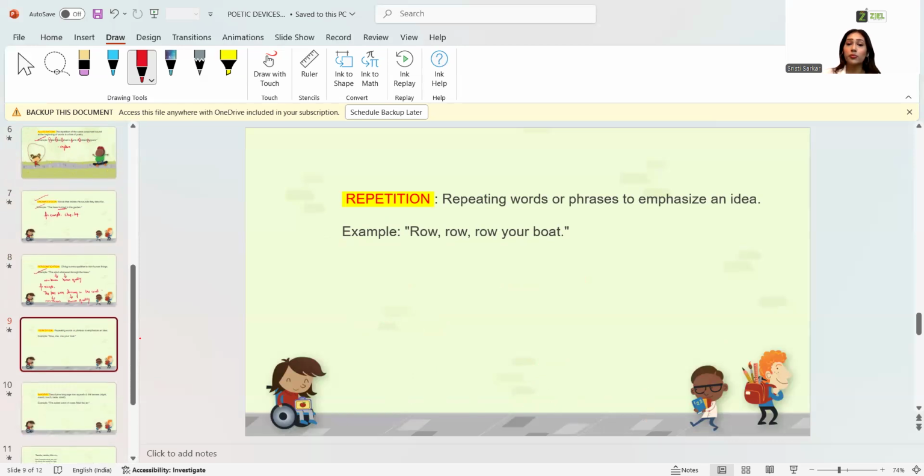Repetition. Repetition is repeating words or phrases to emphasize an idea. When the poet is stressing a word, he repeats it more than once to stress it or enhance the meaning of that word. That is called repetition. For example, row, row, row your boat. It expresses emotion as well. Let's take another example.